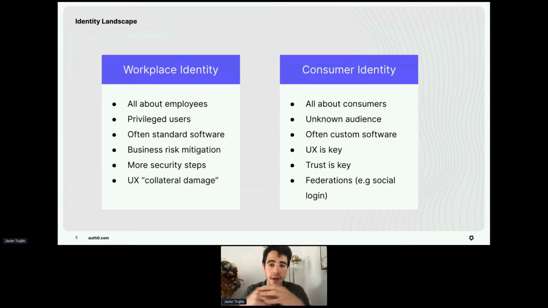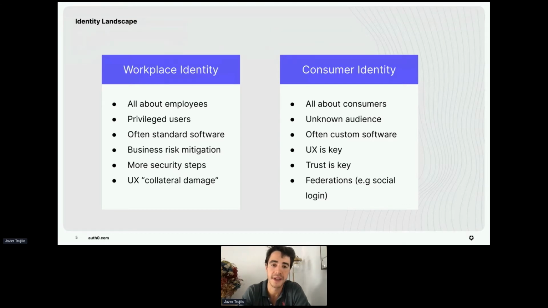Identity is all about mitigating business risk, because it's important to secure high value assets and information, which means that you want to make sure that additional steps such as MFA or hardware tokens, you want to enforce those without the user, or in this case the employee, having much of a choice. When you look at the UX, a rather complicated UX is often seen as collateral damage. So that would be the traditional context, the kind of IT decisions that were made in the past, because identity was mostly an IT subject to consider.